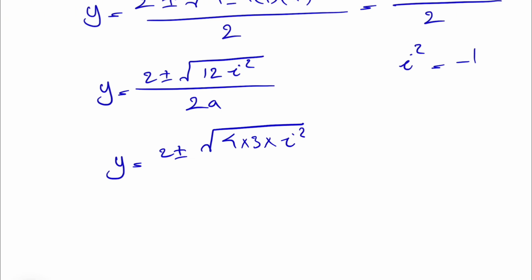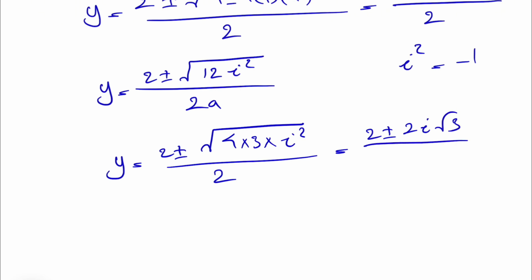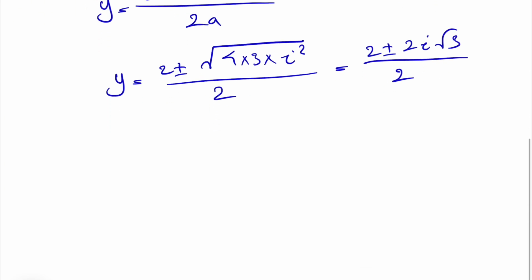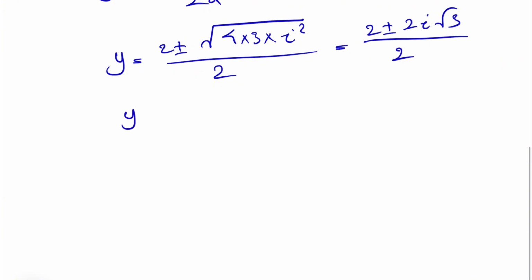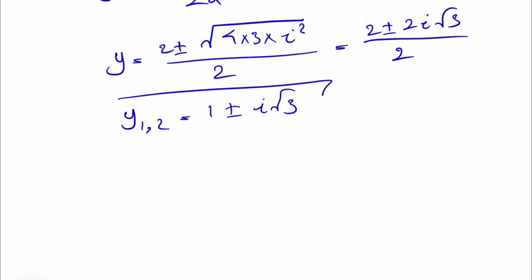Then we can take out 4 and i squared from the square root, divided by 2a, which is 2. So we'll have 2 plus or minus the square root of 4, which is 2, and i squared will come out as i, times the square root of 3, divided by 2, and there we go.